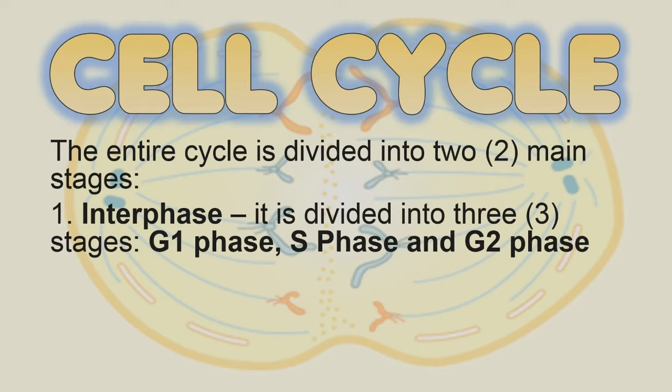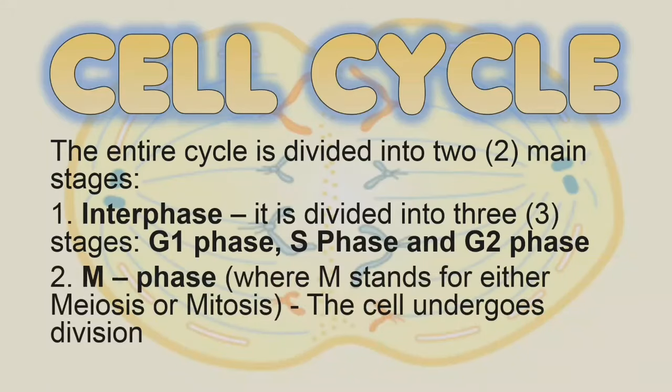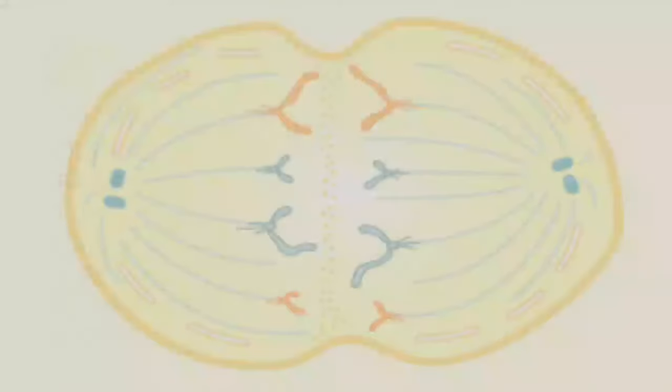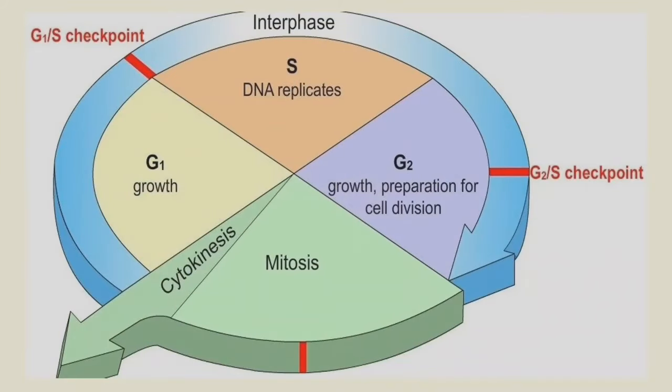Interphase is divided into three stages, namely the G1 phase or gap 1 phase, the S phase or synthesis phase, and the G2 or gap 2 phase. The other one is the M phase, where M stands for either meiosis or mitosis, where the cell undergoes division. The whole process of the cell cycle is shown on your screen.